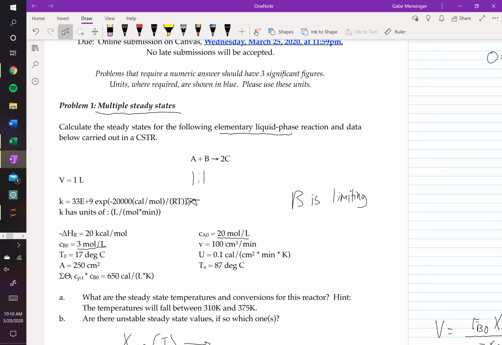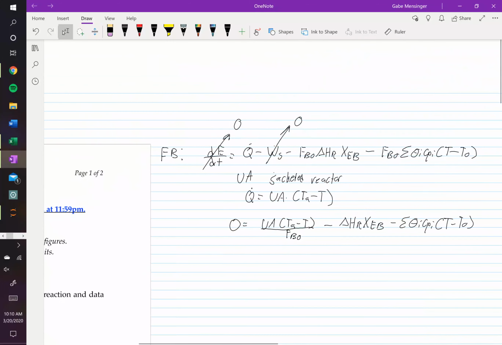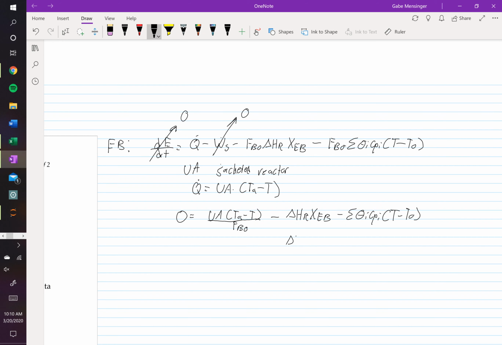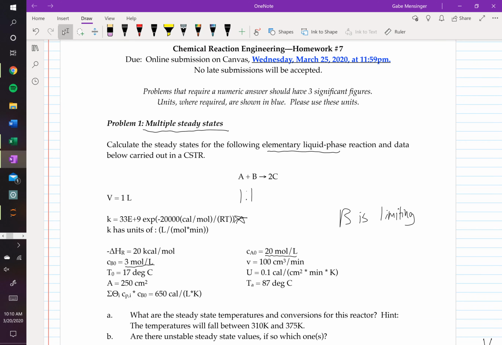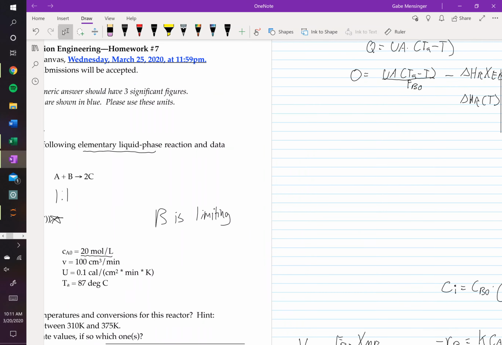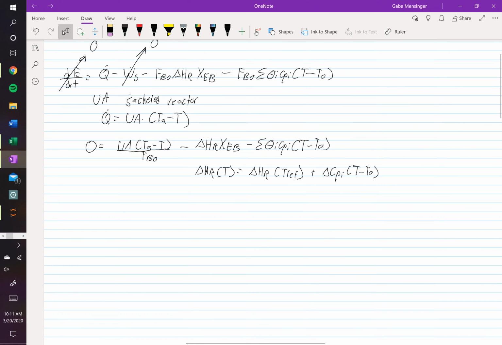Since we're not told what delta HR is, normally delta HR at temperature T is equal to some delta HR at a reference temperature plus delta CPI times some change in temperature. In this case, delta HR is just given. It's not given at a reference temperature, so we're just going to assume that delta HR is not a function of T, and that we can assume delta CP is 0.